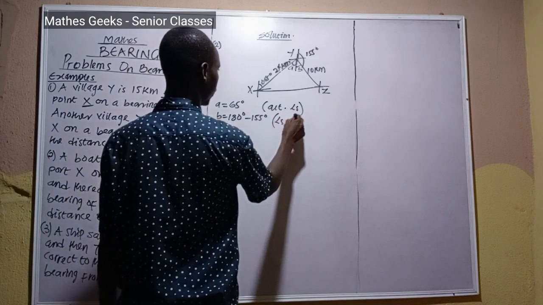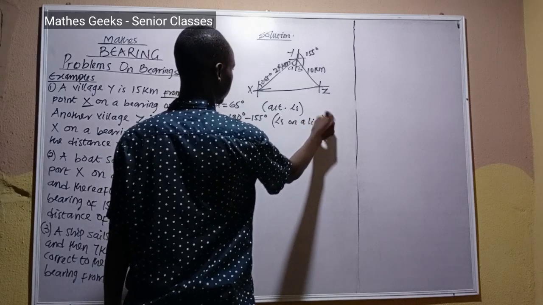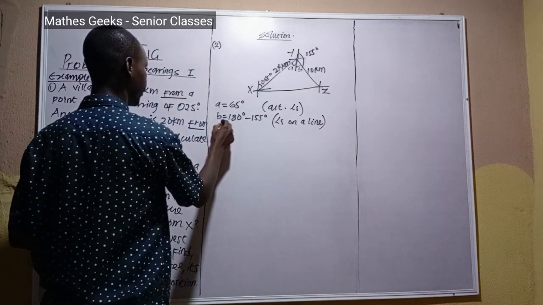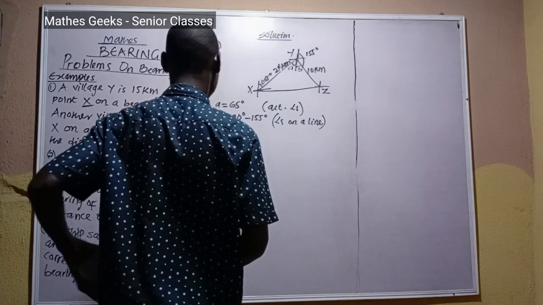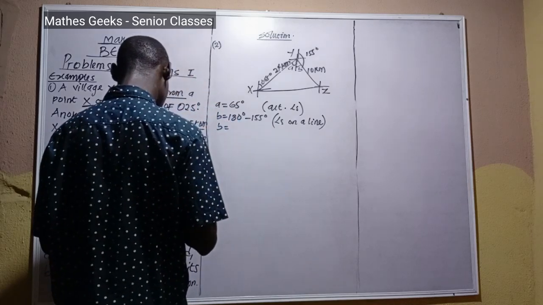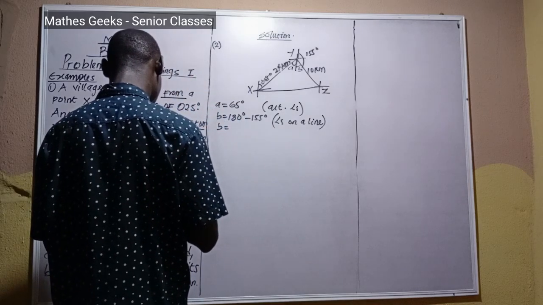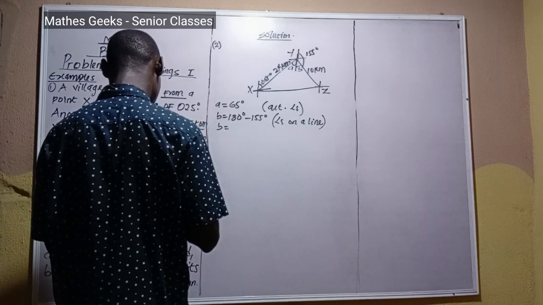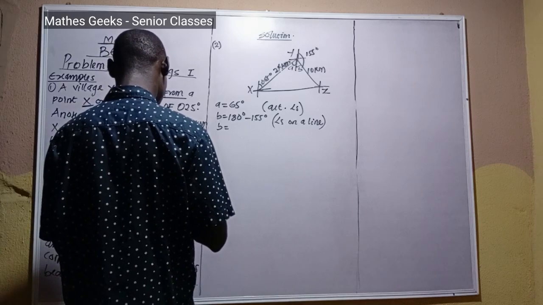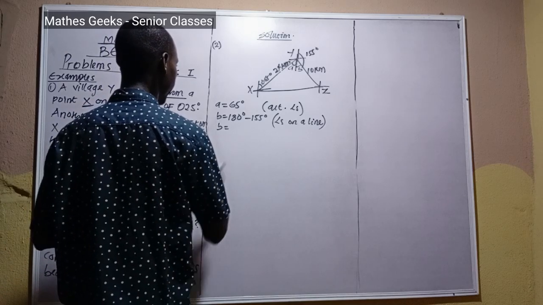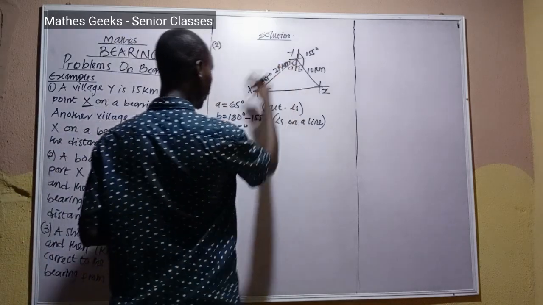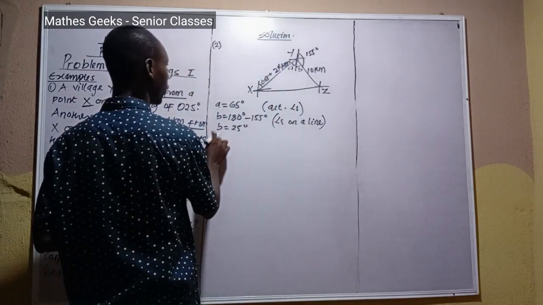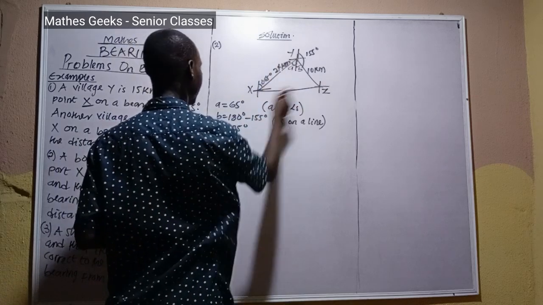Angles on a line. So B is equal to 180 minus 155, that's 25 degrees.